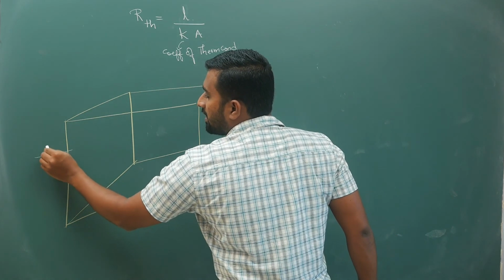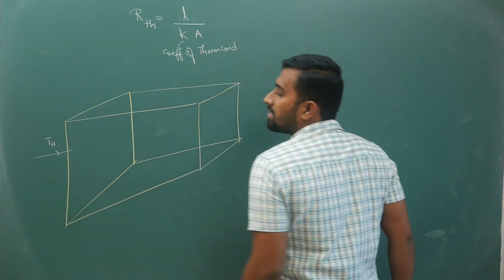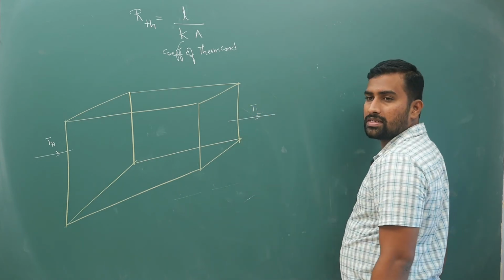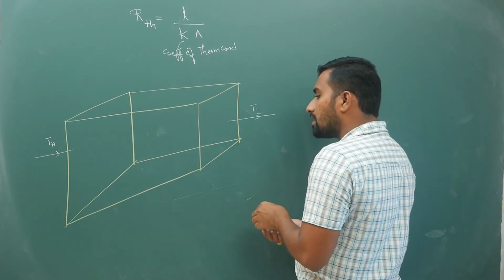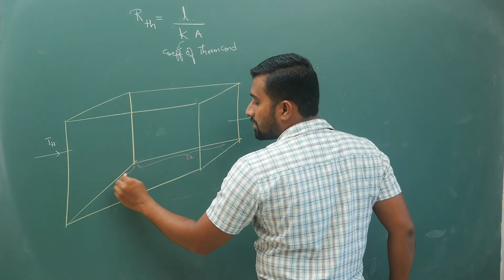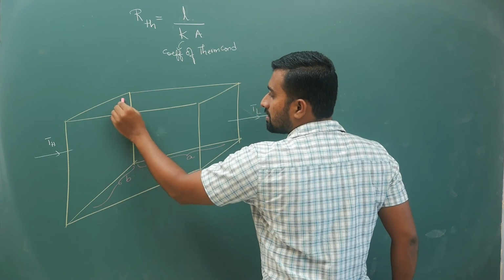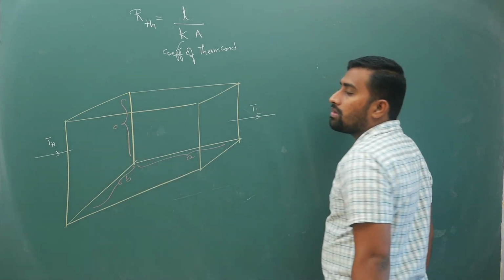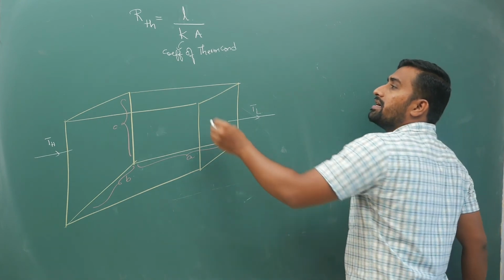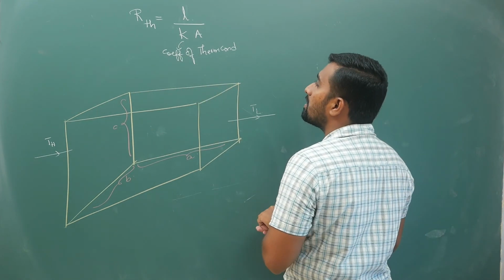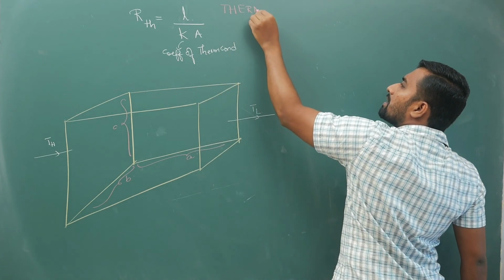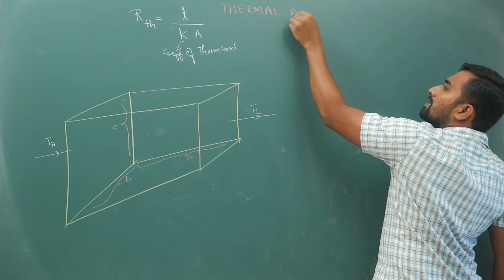If I am providing high temperature here and low temperature here, let us say it is not even a cube, it is a cuboid, its length is A, this side let us say it is B, this side it is C. Now exactly similar to current electricity, whenever you are writing your thermal resistance, R thermal is equal to L by KA.